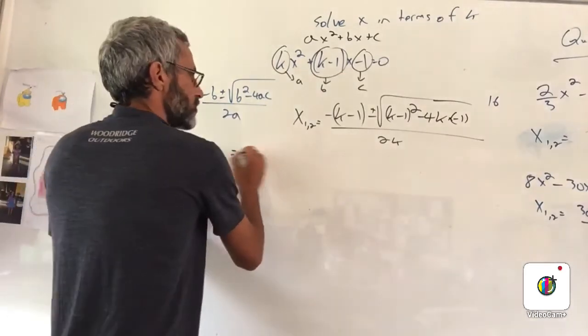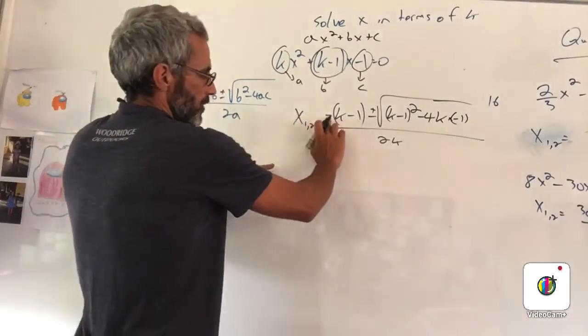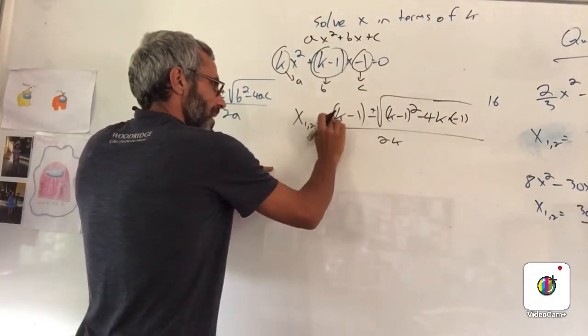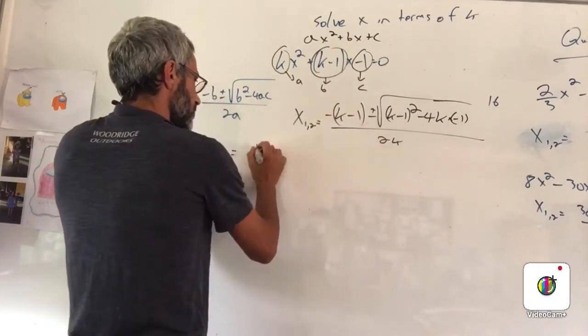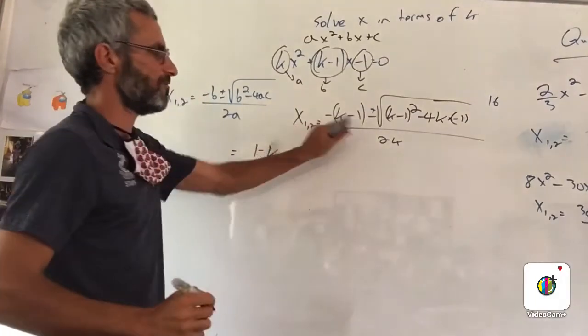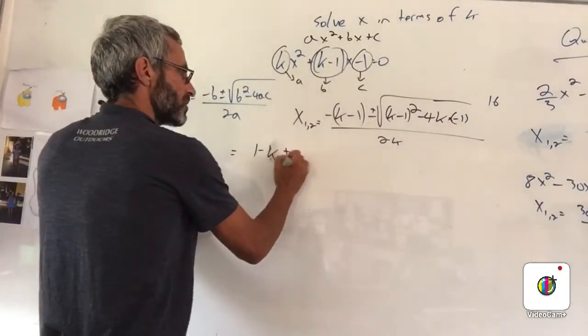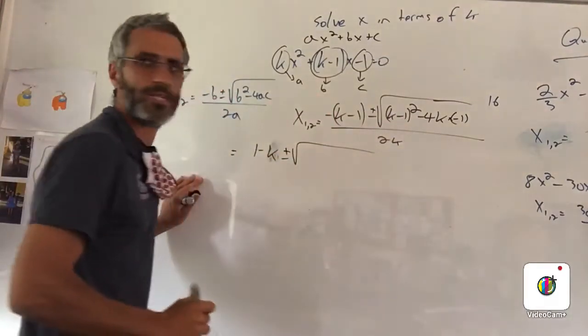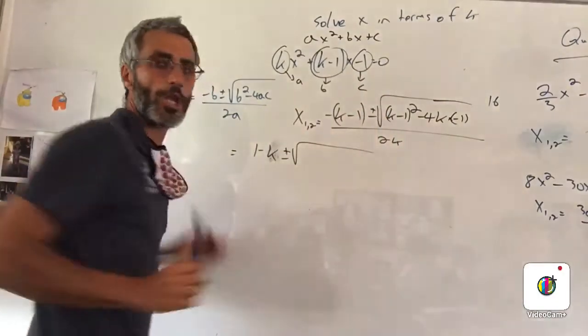Now we start massaging it, we'll give it an algebraic massage. Minus 1 times k minus 1 is basically 1 minus k. I've inverted it, plus minus. Now we need to open it. We've got to use that formula, guys.